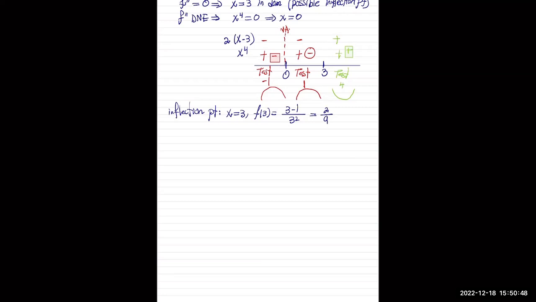Okay, so inflection points at 3 and 2/9. No crazy y values here. We don't have any irrational like √3, √5 y values, manageable. Let's draw.